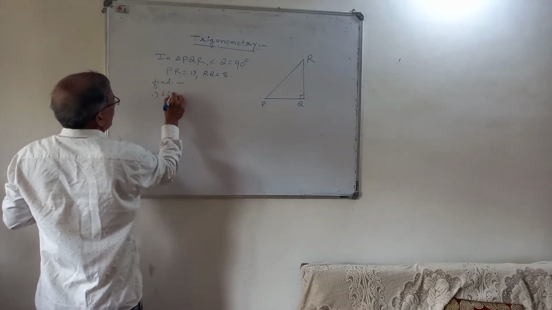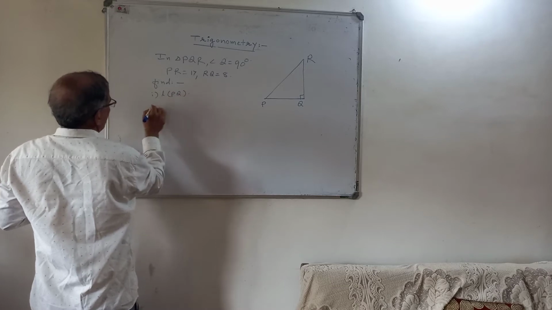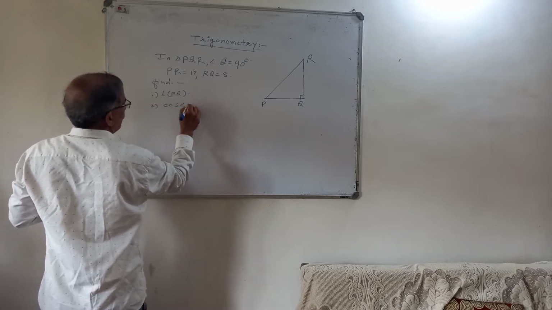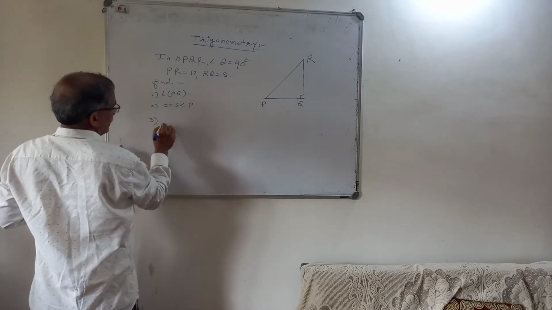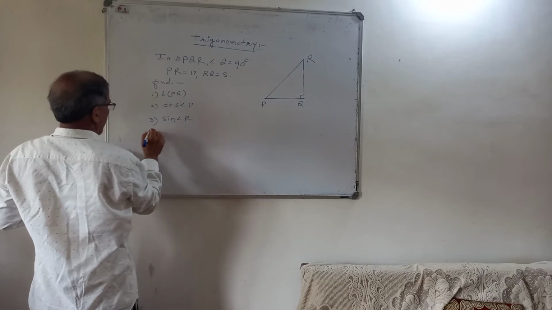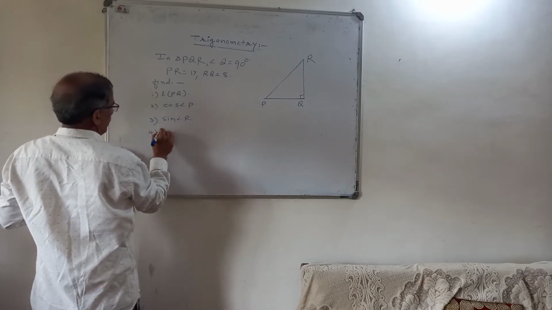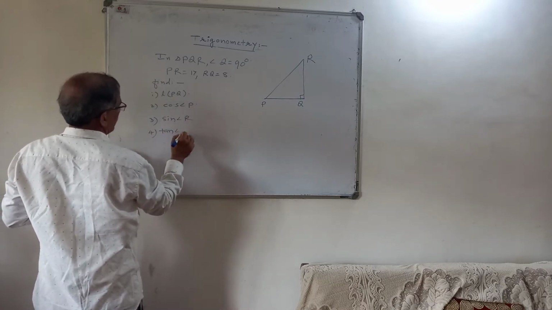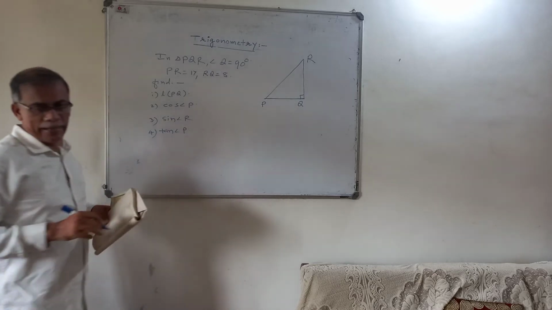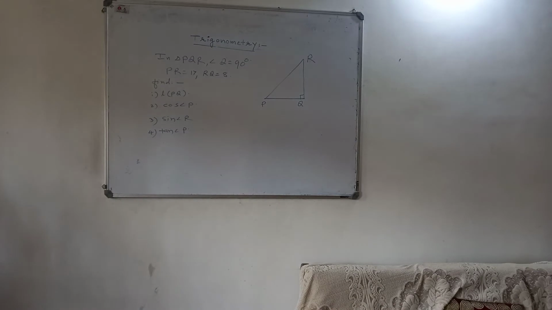Length PQ. 2. Cos angle P. Number 3. Sin angle R. And number 4. Tan angle P. Suppose like this, it is given to you.